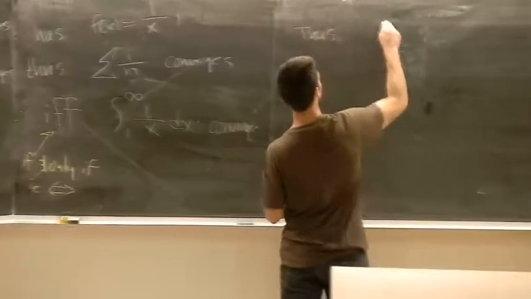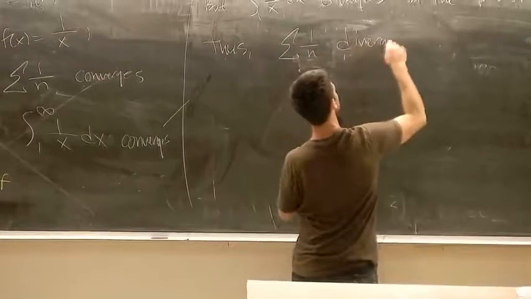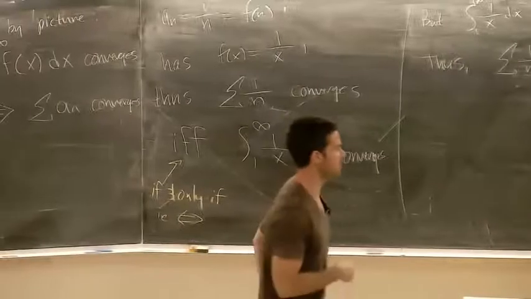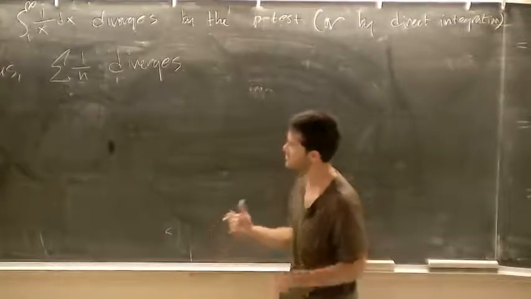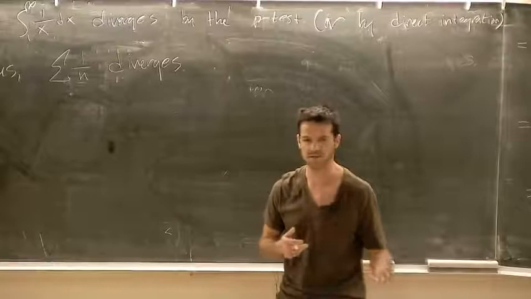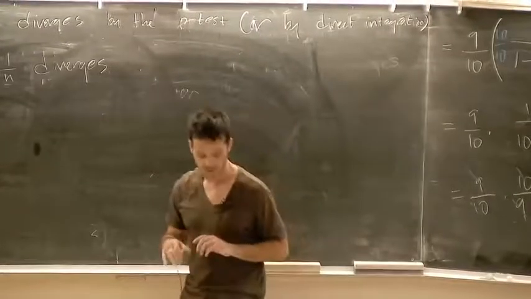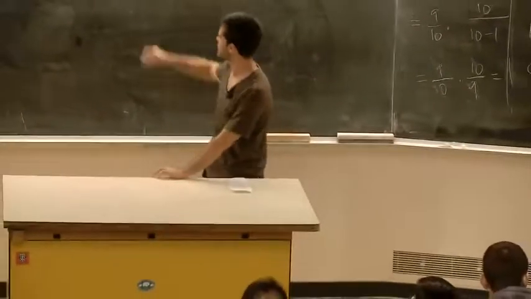Thus, the infinite sum also diverges. And, okay, so we now have our first counterexample to this theorem. And like I said, that's a really common mistake. Students think that just because the term goes to 0 means the series converges, but it's not true. So here, I have now proven the first counterexample to that.